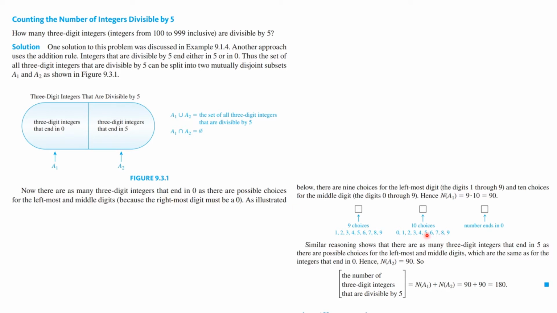So there are 9 choices, and 10 choices, and 1 choice because it has to end in 0. That means there's 90. Similar reasoning, if it ends in 5, you put a 5 there, and you get 90 there as well. Those are disjoint sets, so you add them together, so there are 180 possibilities. That's the same answer we got before, but a different kind of reasoning this time.